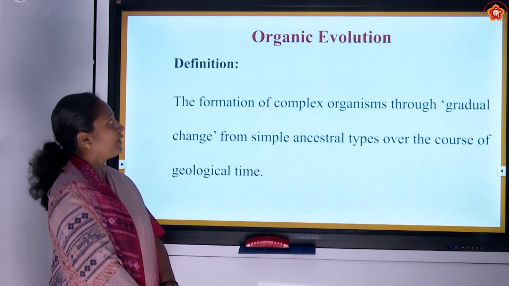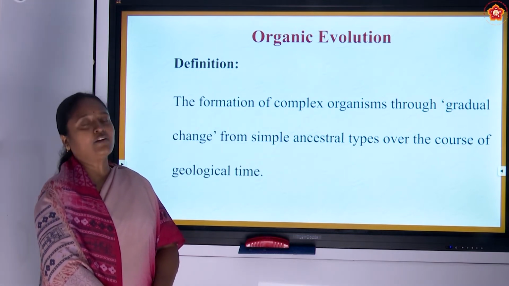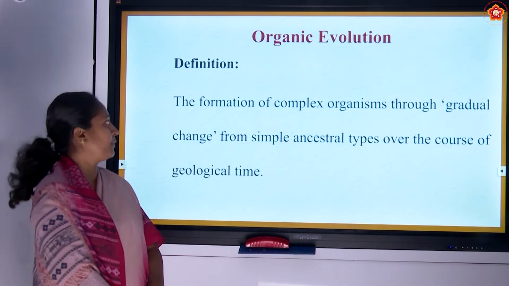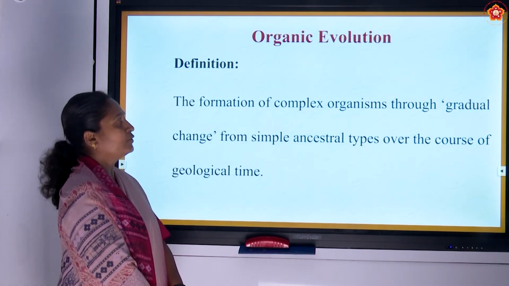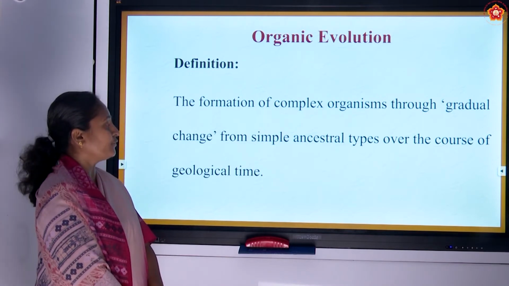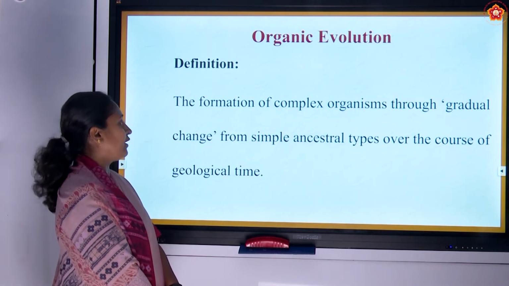The definition of organic evolution is as follows. You have to reproduce the definition in the answer paper. The formation of complex organisms through a gradual change from simple ancestral types over a course of geological time.